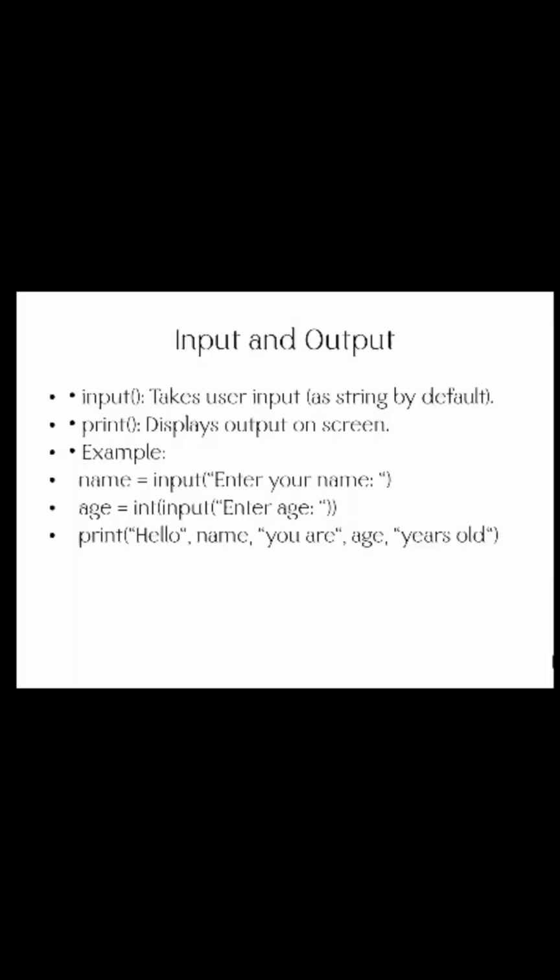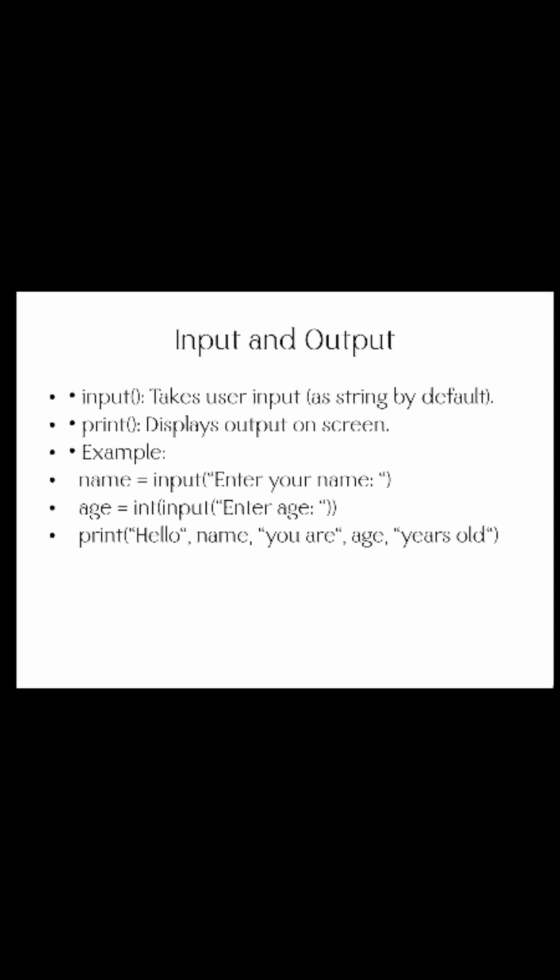And the next slide is about input and output operations in Python. Input and output operations are fundamental to Python programming, allowing programs to interact with users and external data sources. Input.